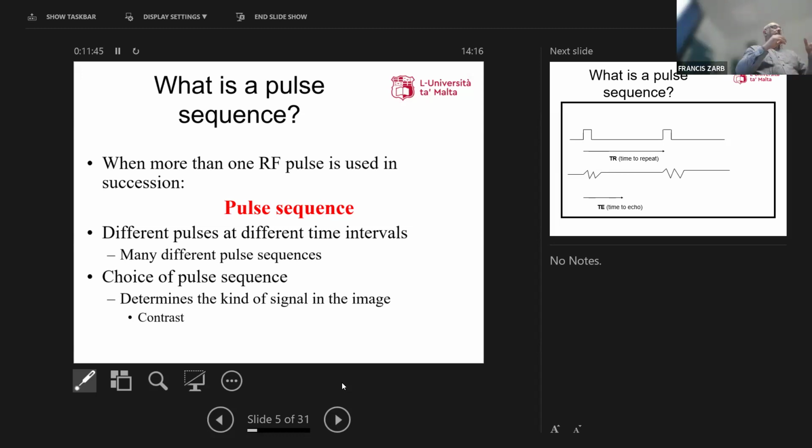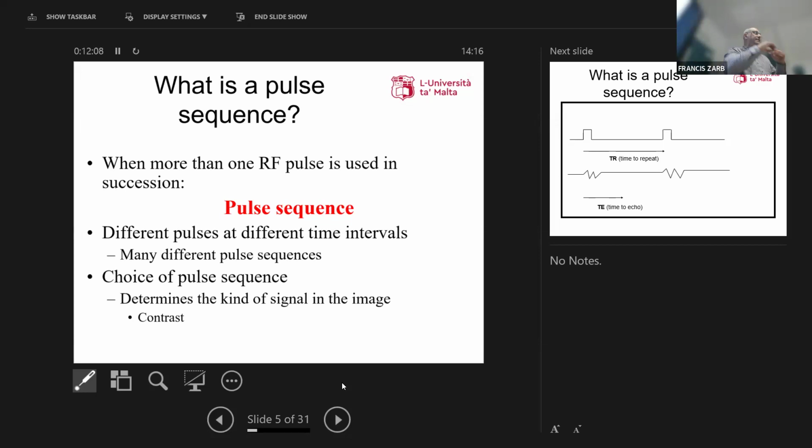The choice of pulse sequences: the manufacturers develop these pulse sequences, with different time intervals, even the RF pulse itself, how it is designed. They tend to change the contrast weighting of the image.